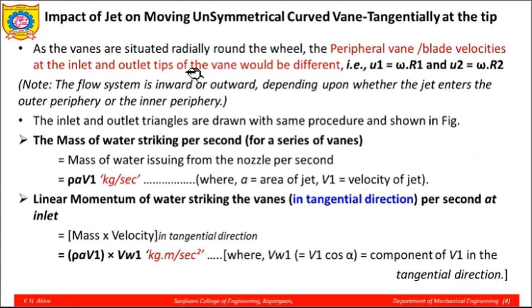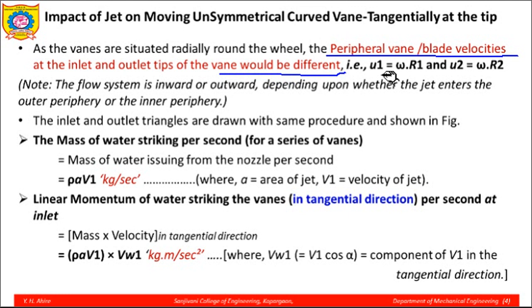Now, as the vanes are situated radially around the wheel, the peripheral vane velocities, or blade velocities, at the inlet and at the outlet tips of a vane would be different. How?